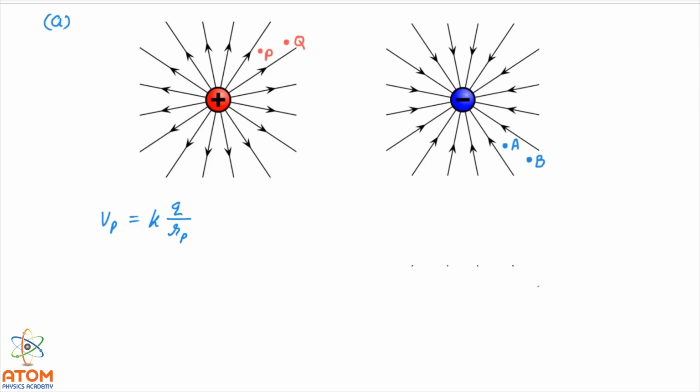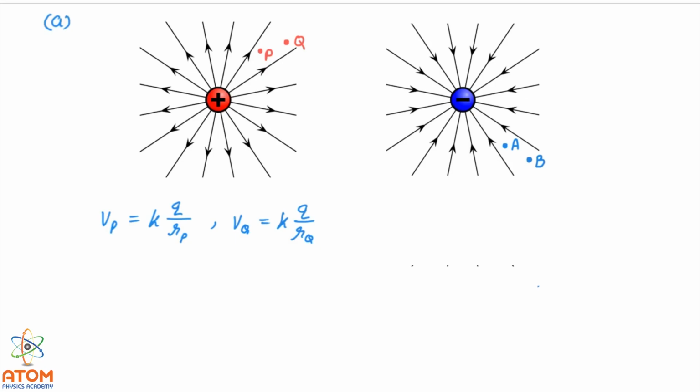Here suppose this charge is Q, so I am writing Kq upon Rp, and Vq will be equal to Kq upon Rq. This is the equation of point like charge.